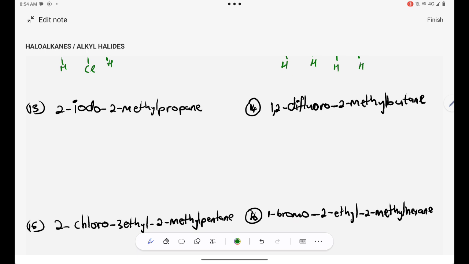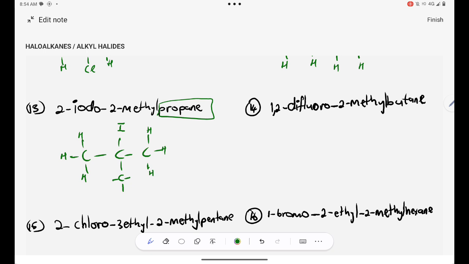Okay, and then I have 2-iodo-2-methylpropane. This part tells me about my chain length. I have 3 carbons on my parent chain, and then at carbon number 2 I have an iodine, as well as a side chain. This type of haloalkane is called a tertiary haloalkane.